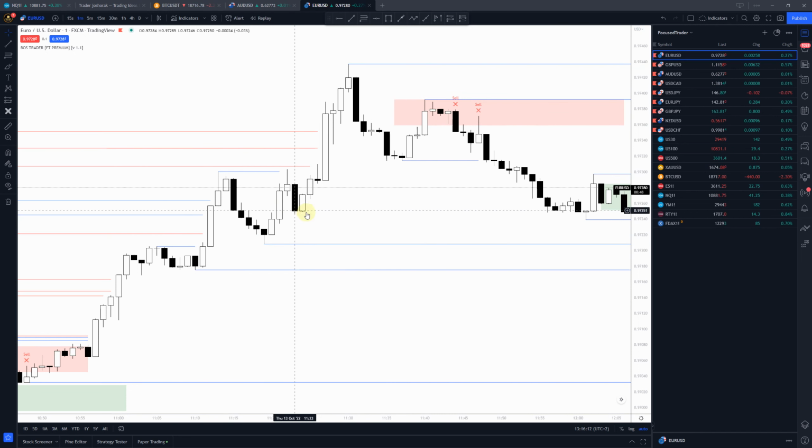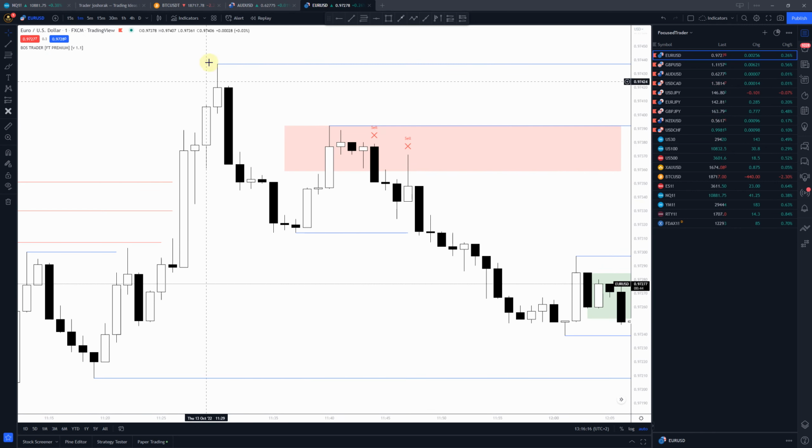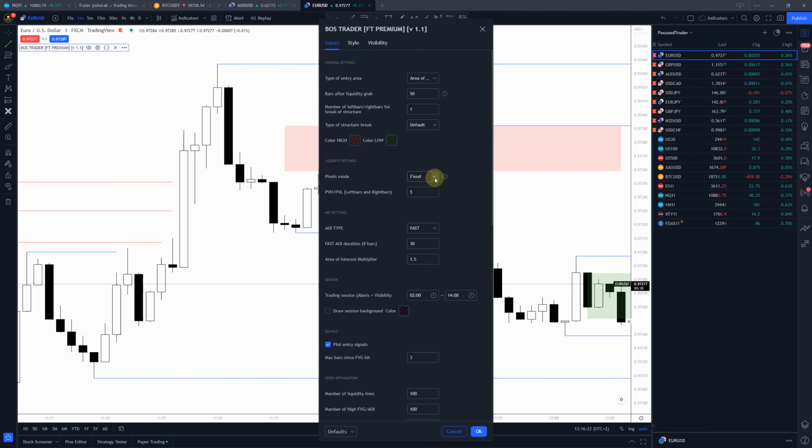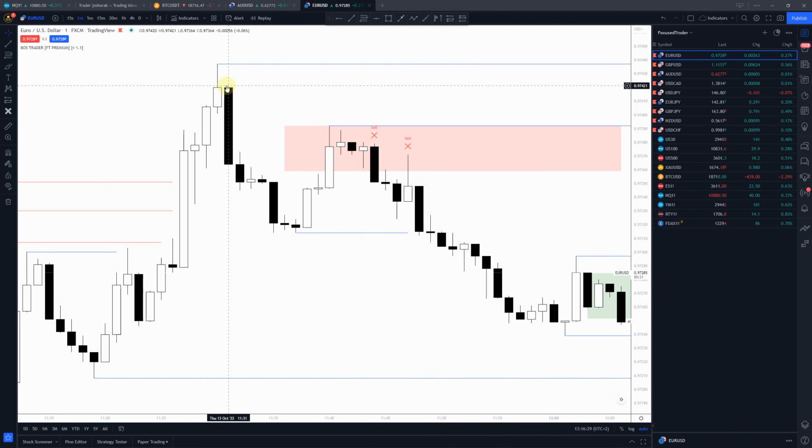So it is the same thing that I showed you on that random indicator from TradingView that just marked the structure points. I'm looking for 5 bars on the left and 5 bars on the right with smaller highs for pivot highs or swing highs, and higher lows for swing lows. Okay, and that's it.